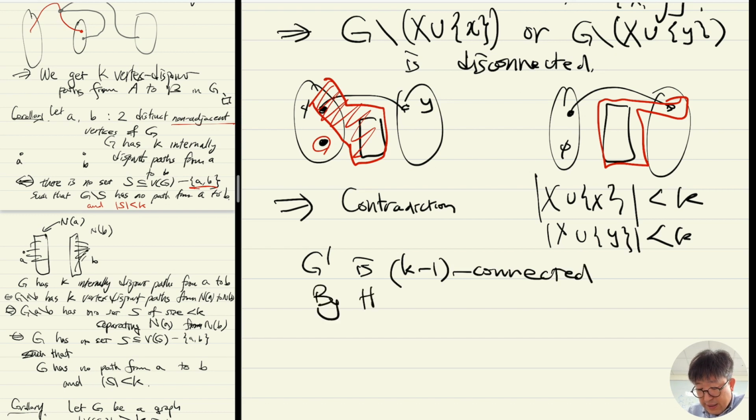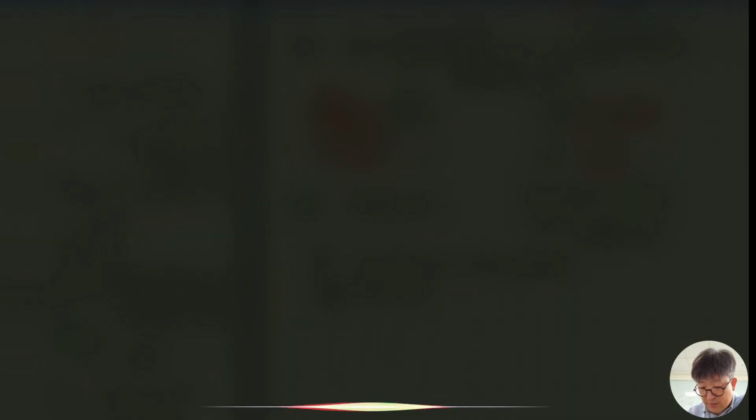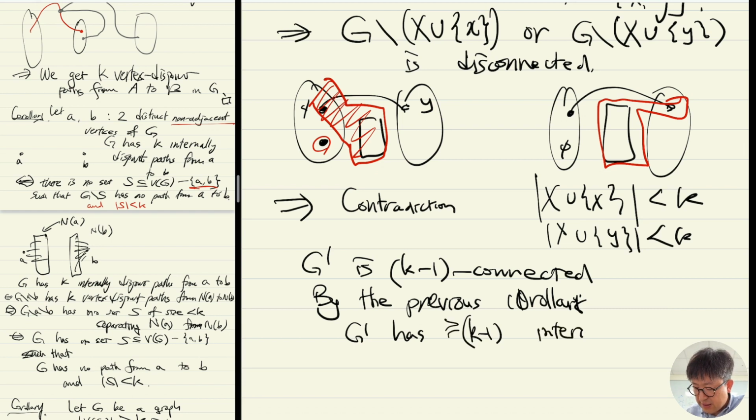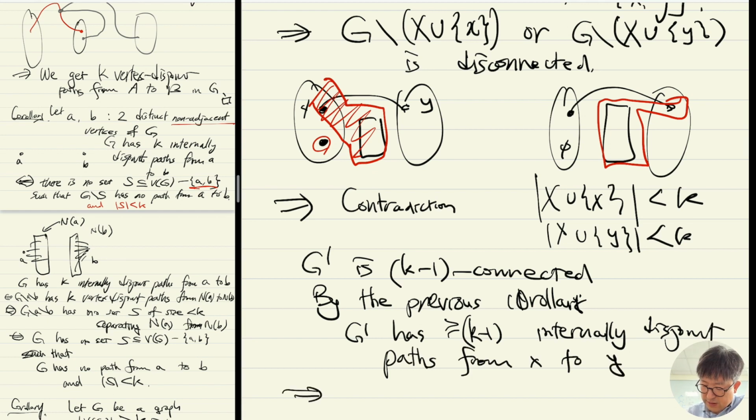So by the previous corollary, G prime has, and now since X and Y are non-adjacent because I have deleted all the edges, K minus 1 internally disjoint paths from X to Y, and add one path by using the edge XY, right?